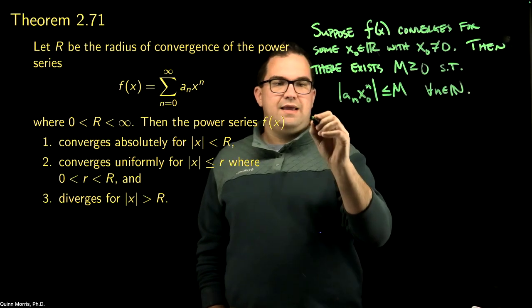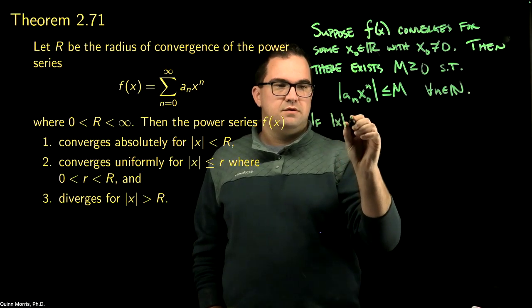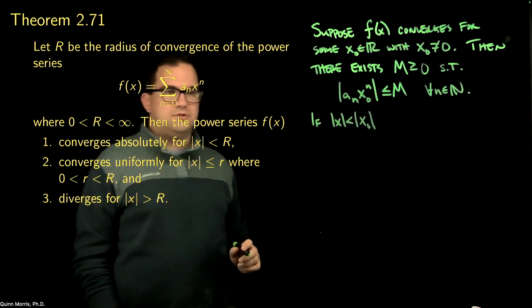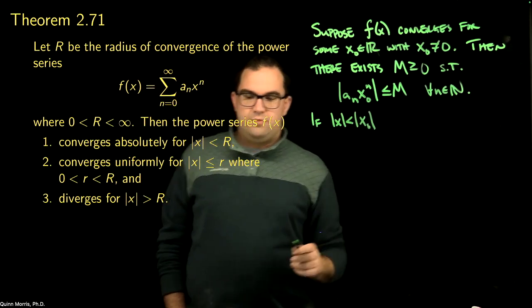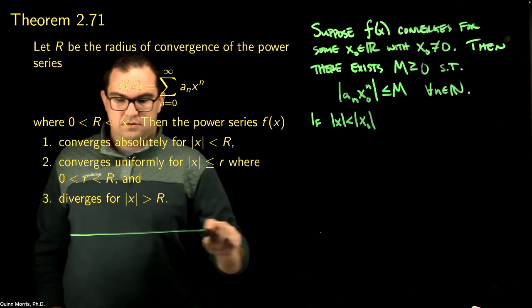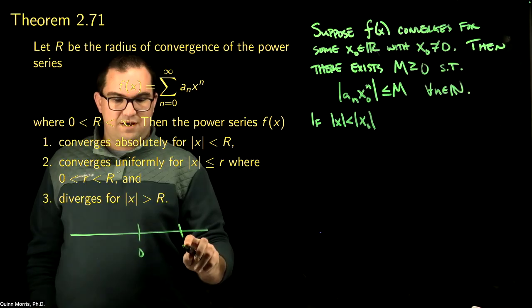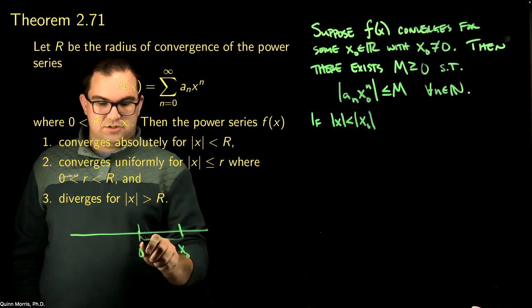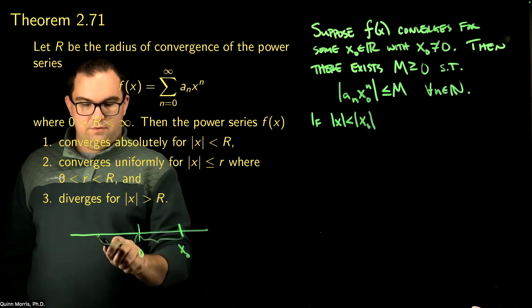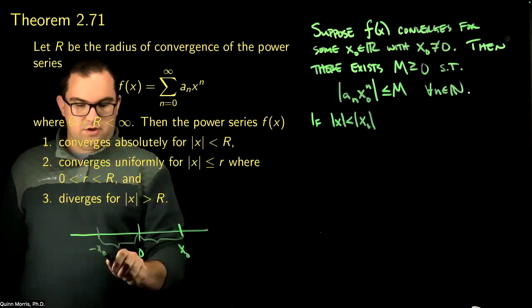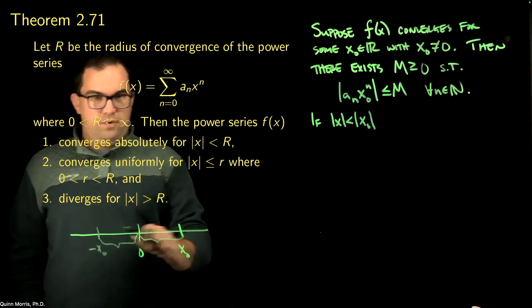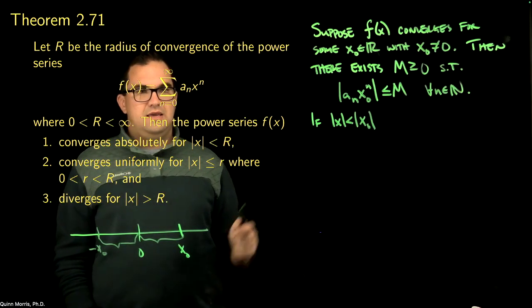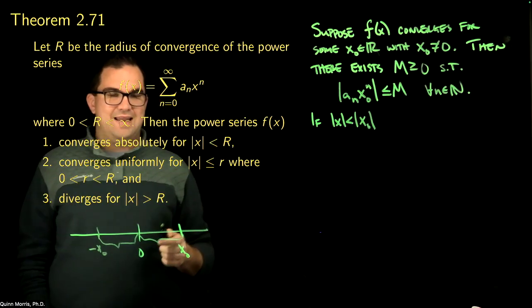Okay. Well, then if I take an x that in absolute value is less than the absolute value of x naught, another way to think about that is you have 0, let's say you have an x naught, and now you're using this x naught to define a distance away from 0 that you can go. So over here would be minus x naught. And if you pick an x anywhere in here, we're going to show that the series must also converge for that x value.